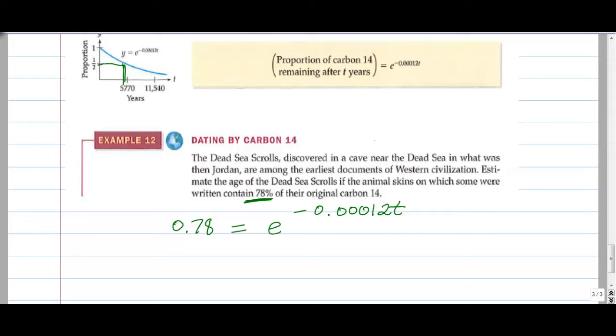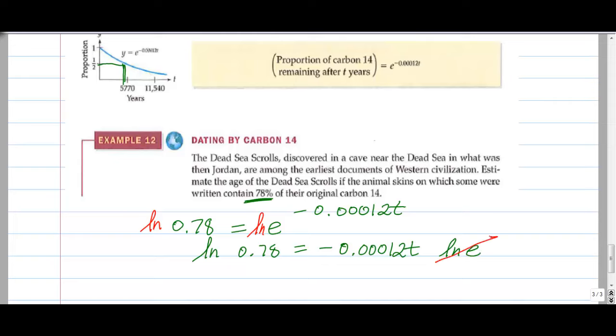So what we want to do is take the ln of both sides. I have ln of 0.78, and then this whole exponent moves out to the front, negative 0.00012t, times ln e.